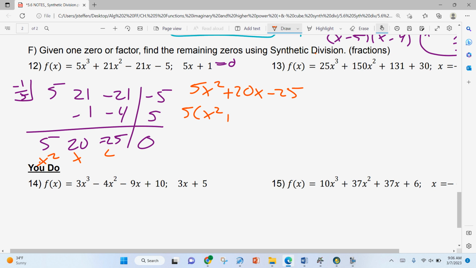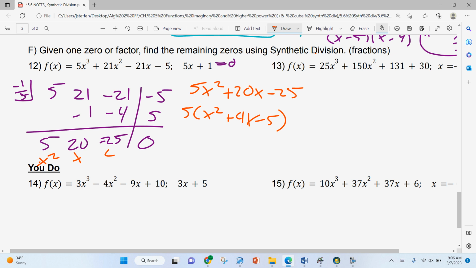X squared plus 4x minus 5. And since we didn't factor out an x, before when we factored out an x, one of your answers was a 0. If we factor out a 5, that's not anything. There is no x to set to 0 for that 5. So once you have that 5 out there, we can forget about it, just factor what's inside these parentheses.